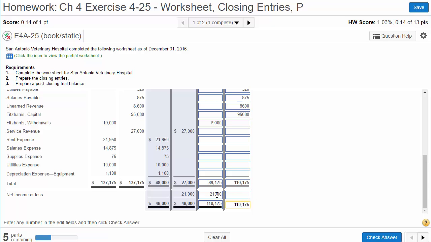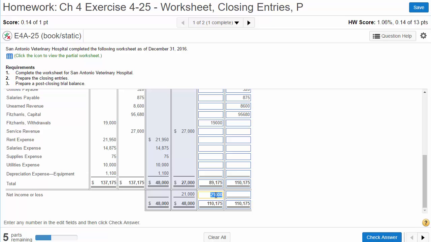Now, there are two reasons why we put the balancing amount on the left side in this case. One reason is that the way the worksheet works is we need to balance all the sets of columns. So the only way to balance the set of columns is to put the difference on the smaller side. Let's also think about this number. What does it represent? Remember we said this is a net loss.